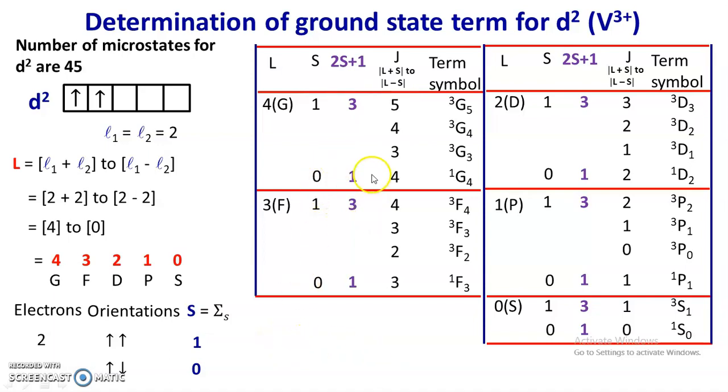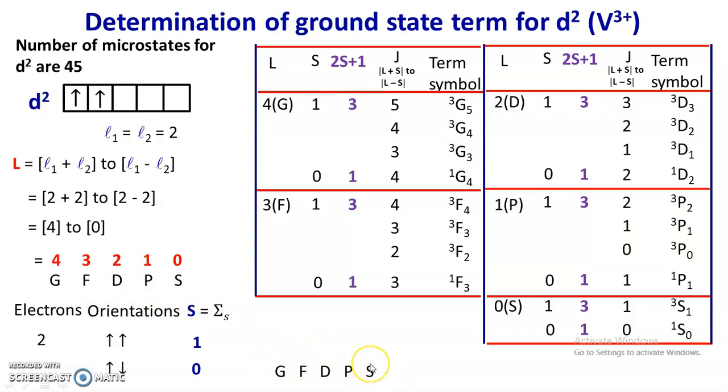Here two multiplicities are there, singlet and triplet, and L is equal to 4, 3, 2, 1, 0, and the possible state symbols are G, F, D, P, S. So take G, F, D, P, S as it is. I am writing here G, F, D, P, S.